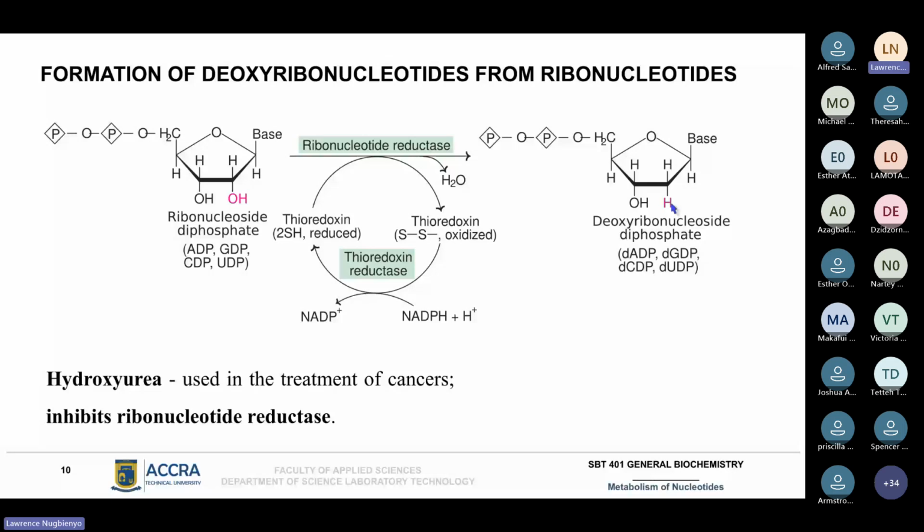And once it does that, there will be the need to have that ribonucleotide reductase reduced back so that it can continue the reaction.